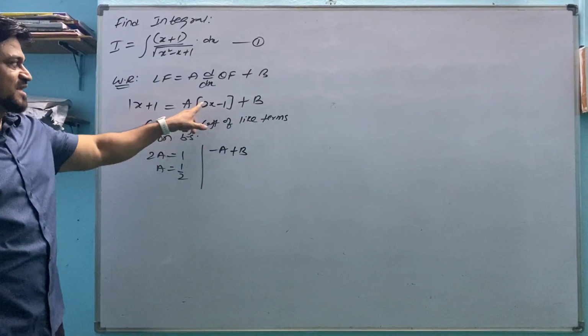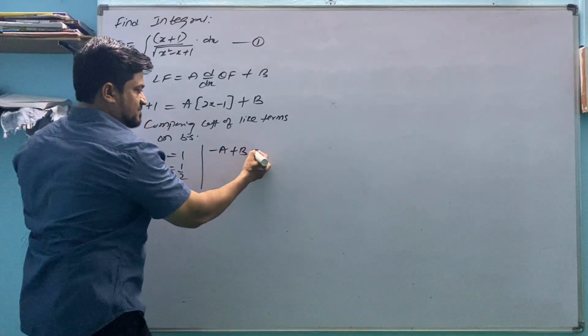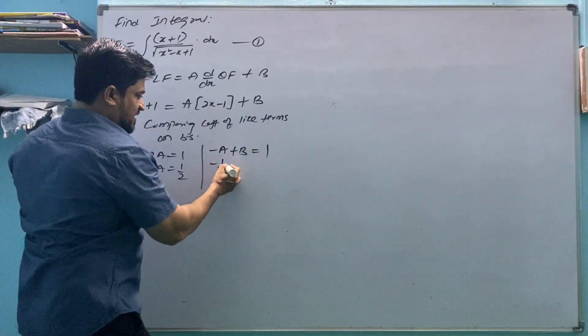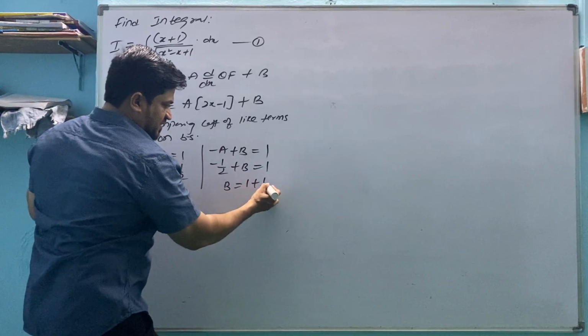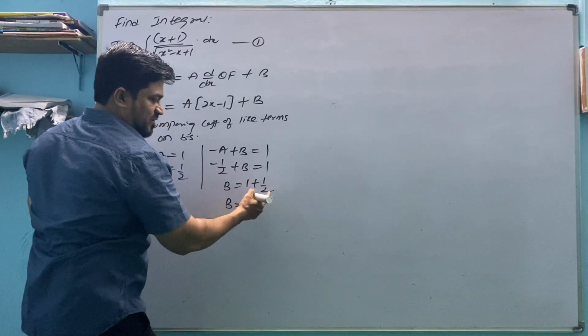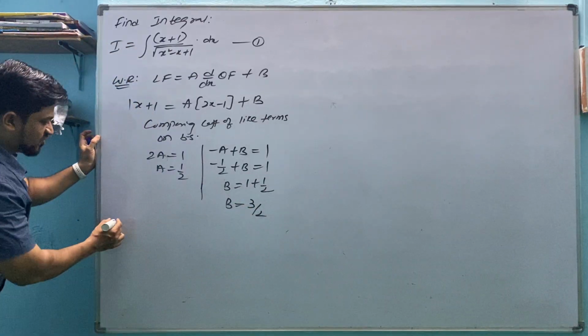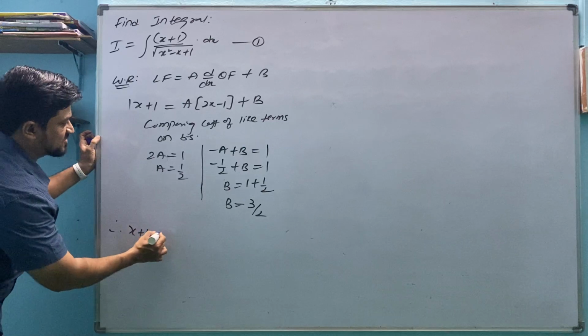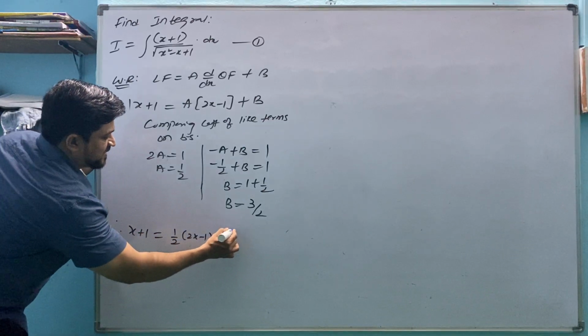Here minus a is there and b is there, so both are constants only, equal to 1. The a value we got, minus 1 by 2 plus b is equal to 1. b is equal to 1 plus 1 by 2. So don't write 2 by 2. 2 1 is 2 plus 1, 3 by 2. So the linear function, whatever we have taken, changes to 1 by 2 into 2x minus 1 plus 3 by 2.